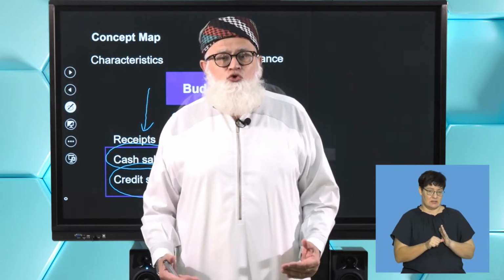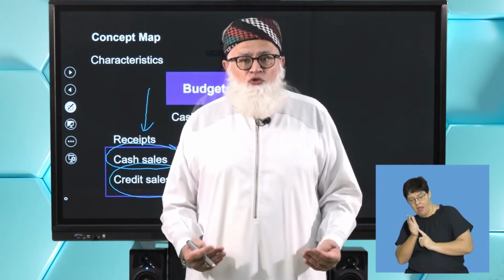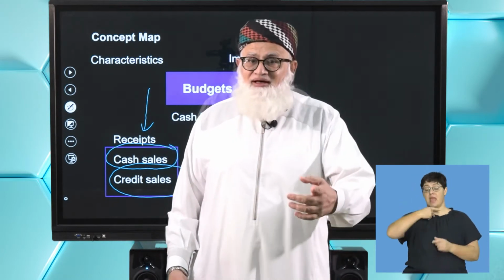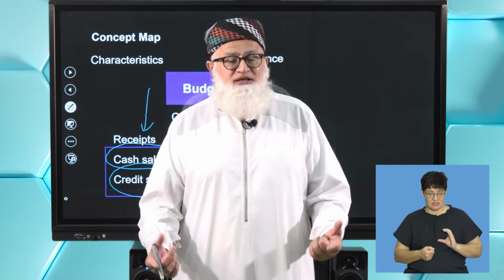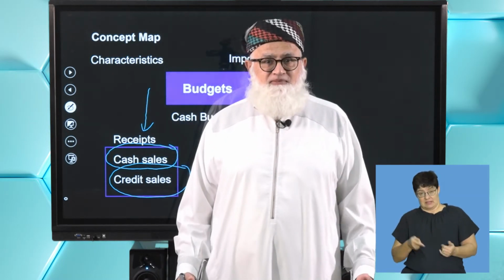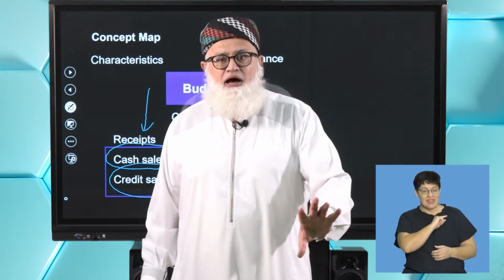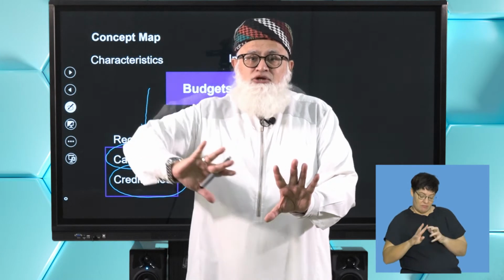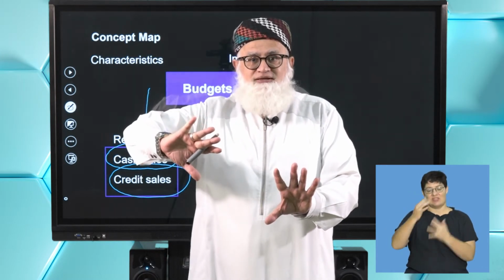It will give you an indication of what you expect to receive from your debtors. Now remember, it's again an expectation, it's a forecast, it's not what's actually going to happen. And therefore, your debtors collection schedule would actually feed into your cash budget. Why?